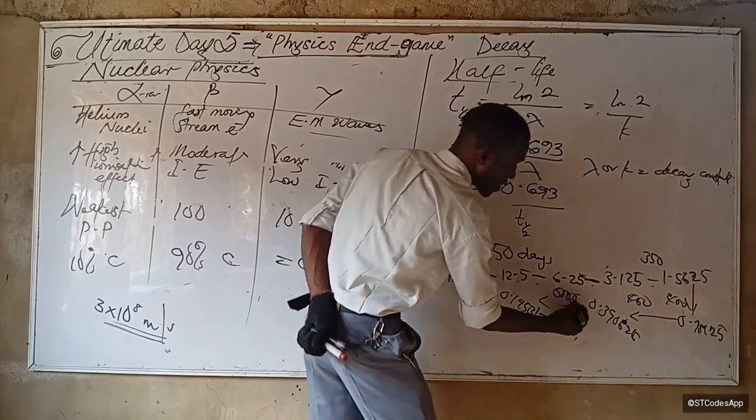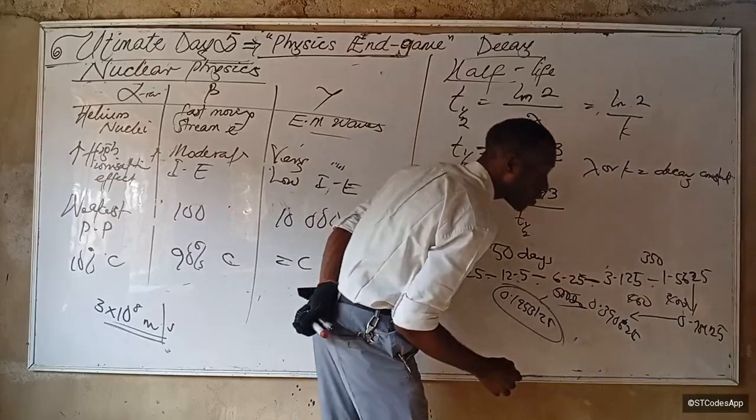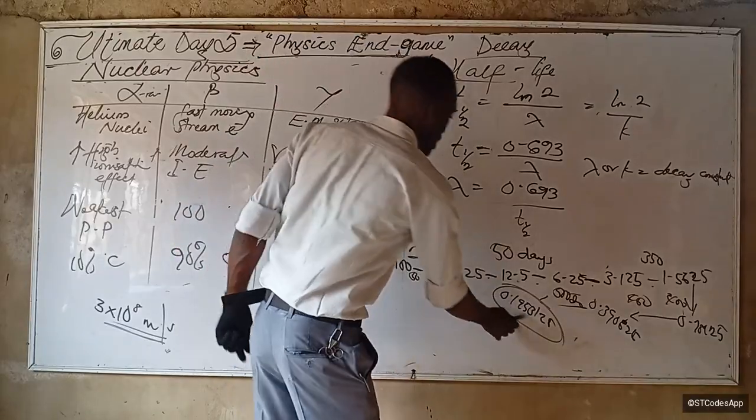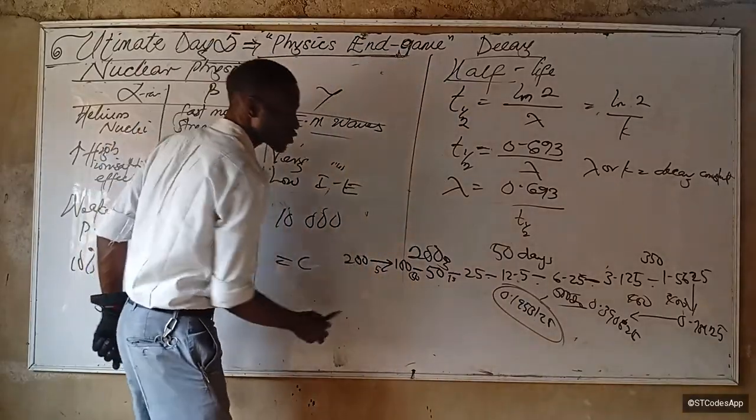So after 500 days, this is the amount that remains. So what amount would have disintegrated? You now subtract this from 200.